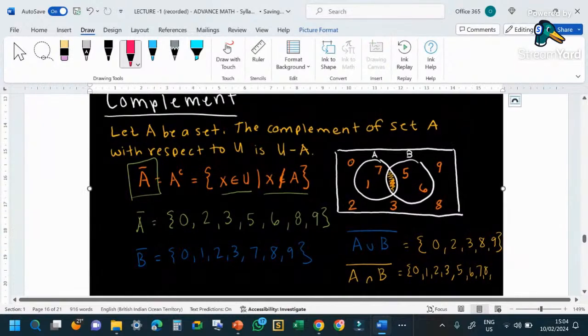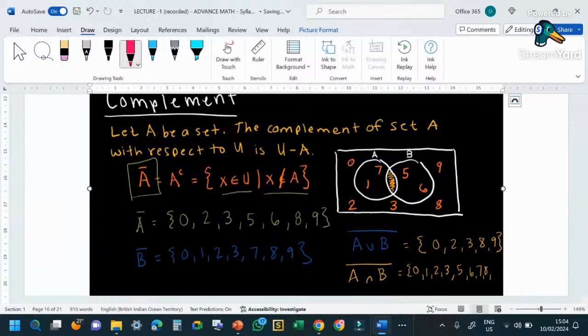Complement will be all those numbers that are not within the set of consideration. Example, the complement of A will be 0, 2, 3, 5, 6, 9, and 8. Do you understand?